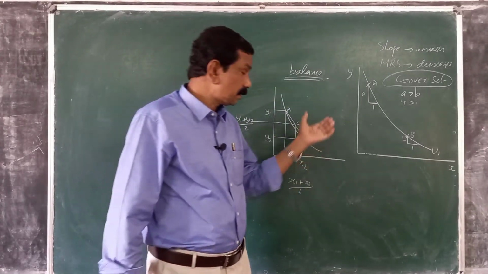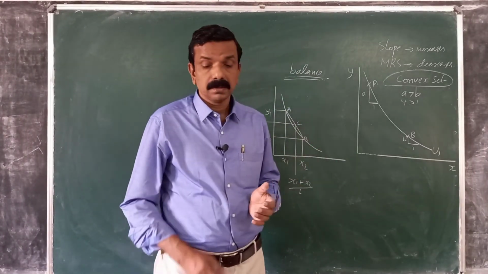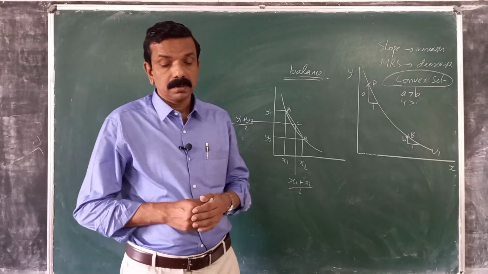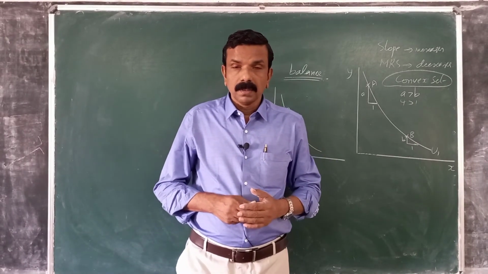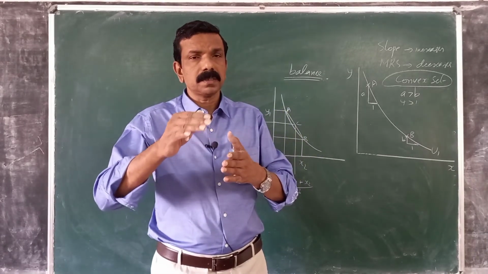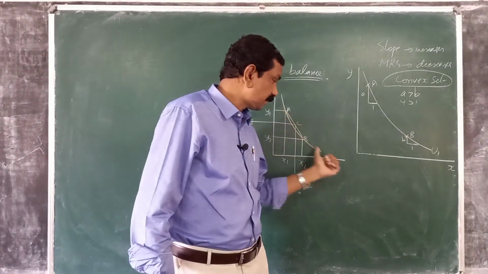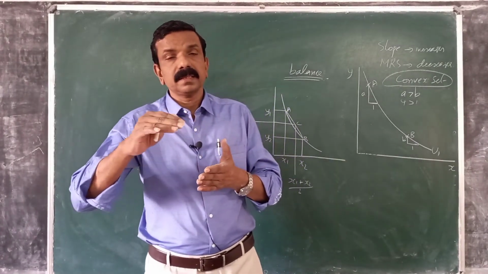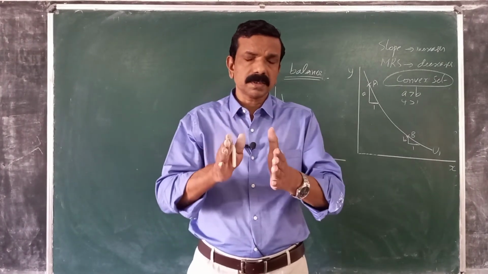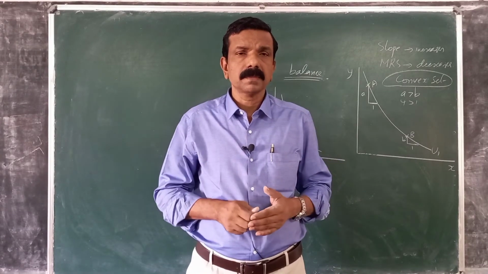So, the assumption of strict convexity is equivalent to the assumption of diminishing MRS, and it rules out the possibility of indifference curves having straight line segments. Strict convexity means diminishing MRS.